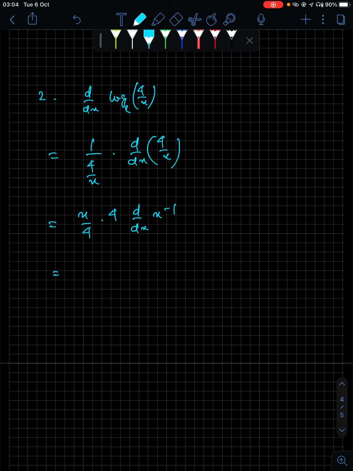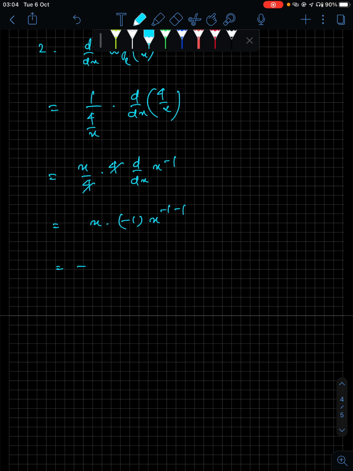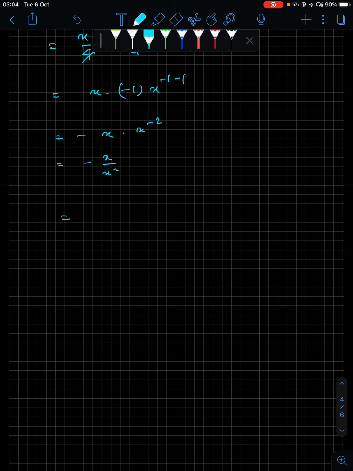So you have 4 cancels, x, and d/dx of x to the power minus 1, n x to the power n minus 1. So minus x to the power minus 2, that is minus x divided by x square. So your answer is minus 1 by x.